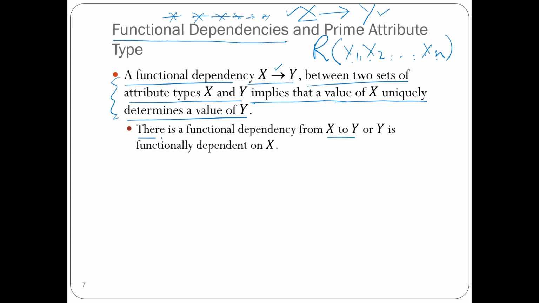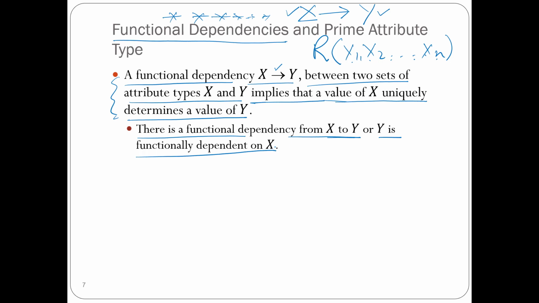We can say that there is a functional dependency from X to Y, or we can say that Y is functionally dependent on X, right? You can describe it either from the point of view of X or from the point of view of Y.